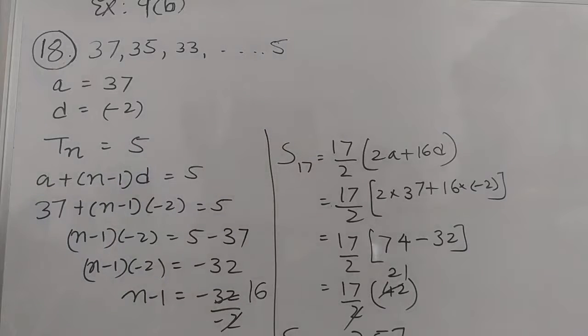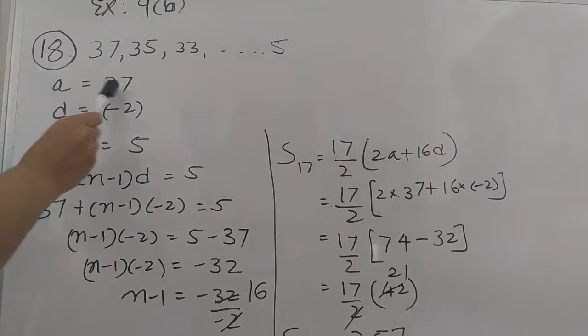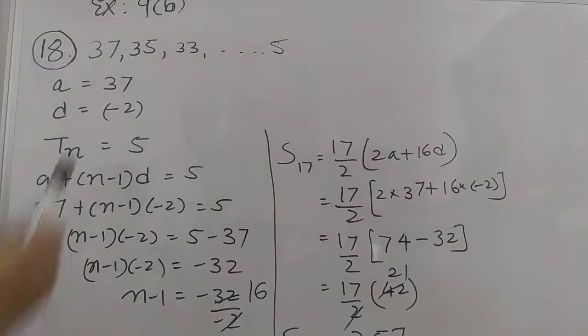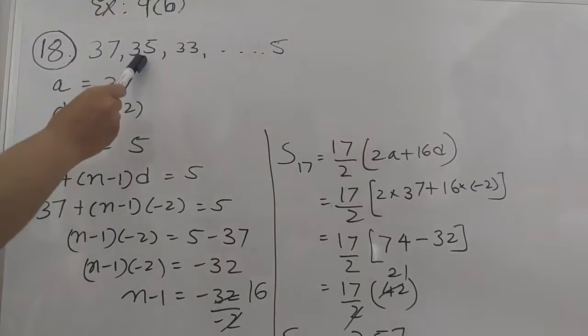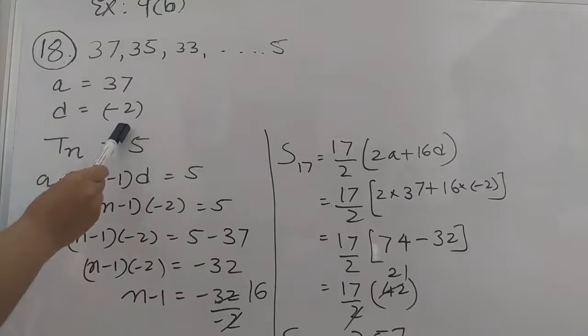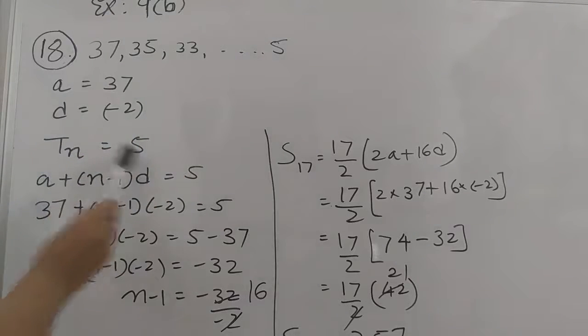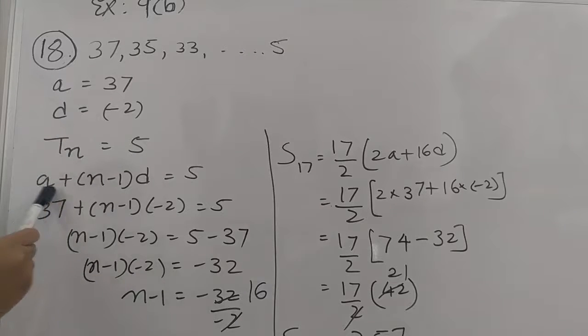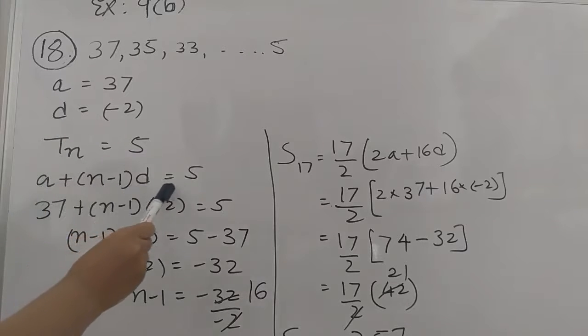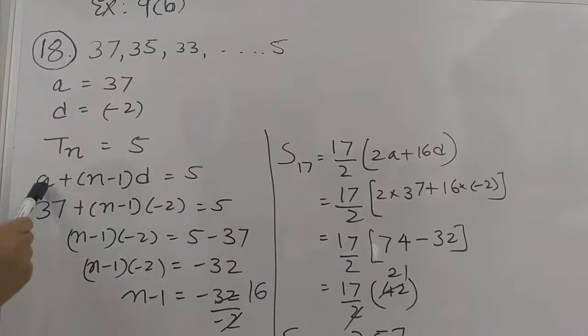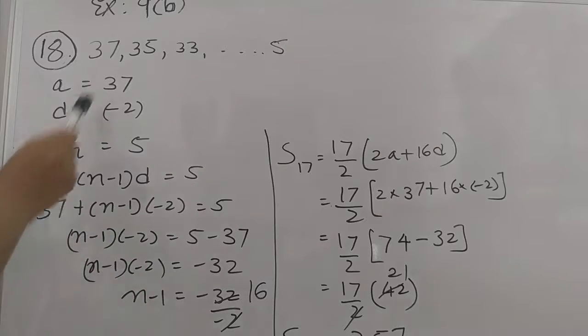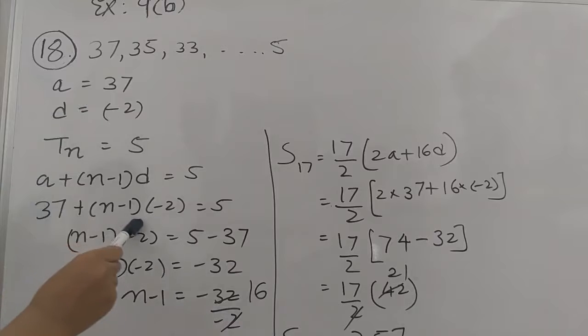Now using this AP, I can write first term A is equal to 37, common difference D is 35 minus 37, that is minus 2, and the last term Tn is equal to 5. Now using the Tn formula, A plus (n minus 1)D is equal to 5. So placing the value of A, 37 plus (n minus 1) into D, which is minus 2, is equal to 5.